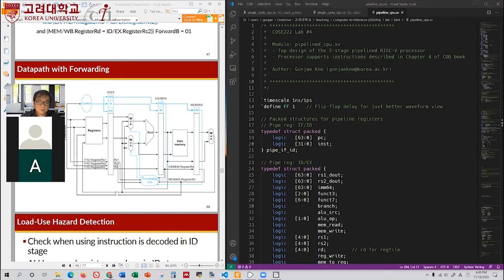So as I mentioned, implementing the pipeline processor is a little bit tricky, more tricky than the single cycle processor design.